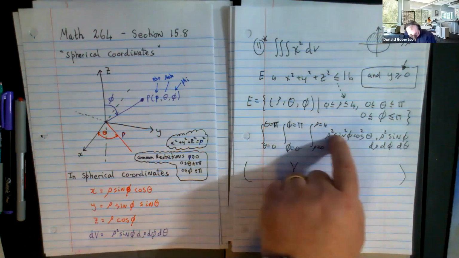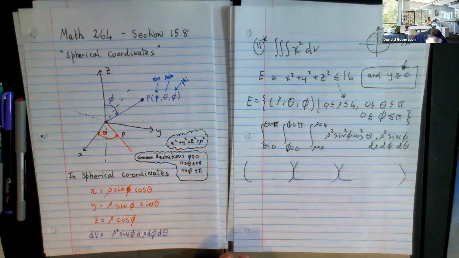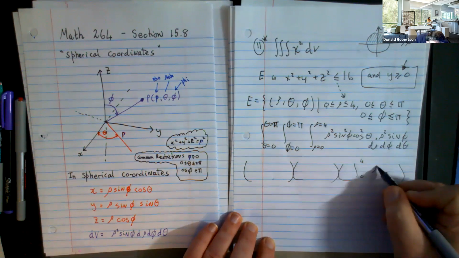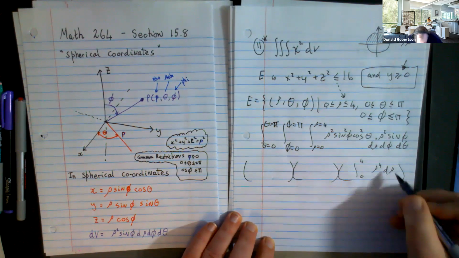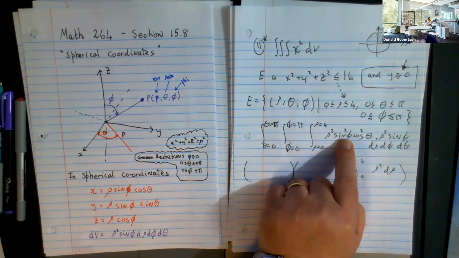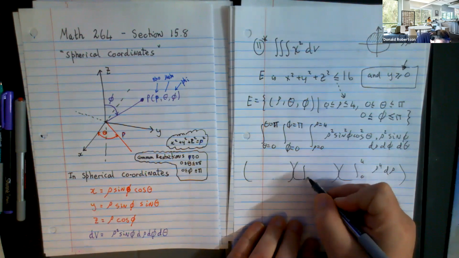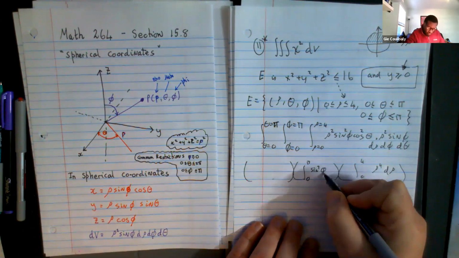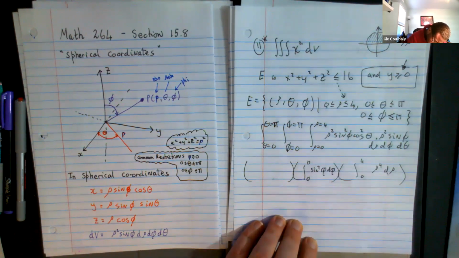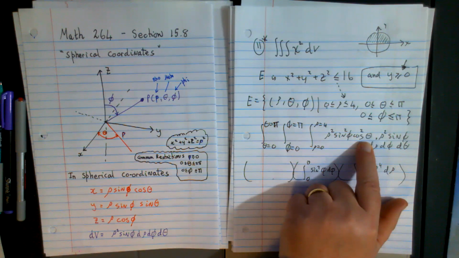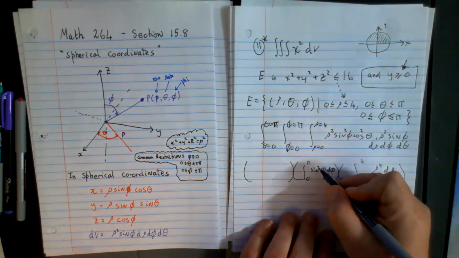Do you see these separate? Let's see how they separate. I'm going to have from 0 to 4, rho to the 4. I got a sine squared phi. Wouldn't it be cubed because you have the sine phi?